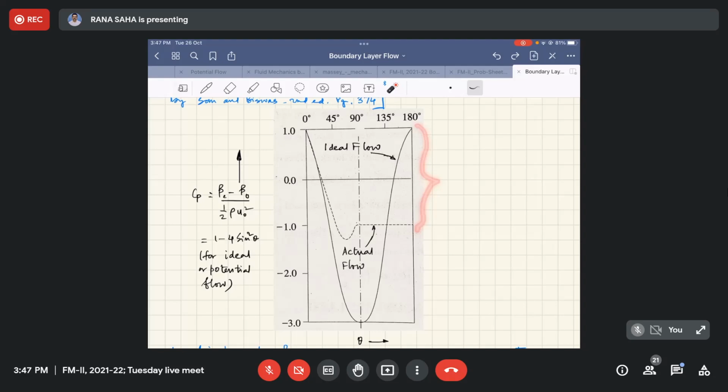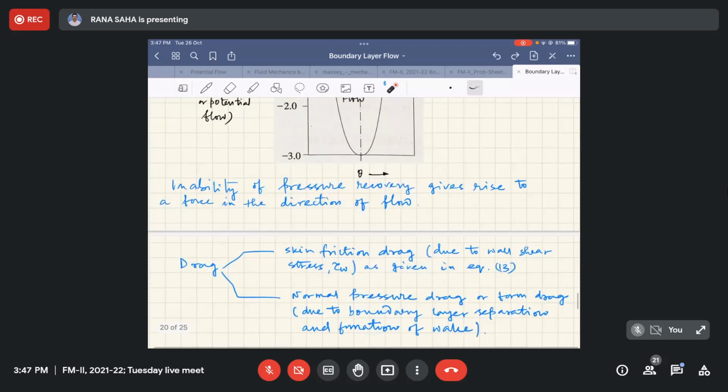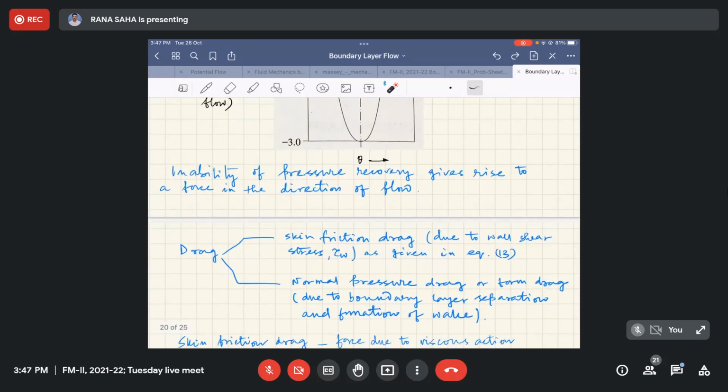So what is the effect due to this deficit? The effect is another type of force that will be acting on the body now. Had it been full recovery, there won't be any kind of net force acting on the body.